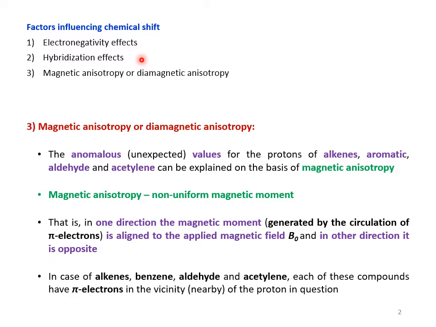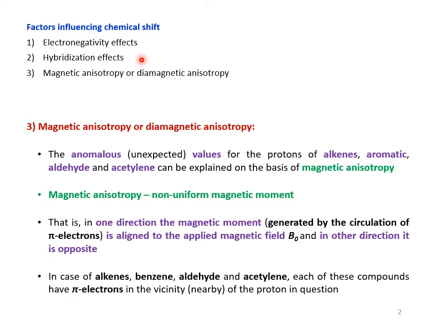As a result, sp has 50% S character, sp2 has 33.3% S character, whereas sp3 has 25% S character, as a result of which an sp hybridized carbon atom is more electronegative than an sp2 hybridized carbon atom, which in turn is more electronegative than an sp3 hybridized carbon atom.